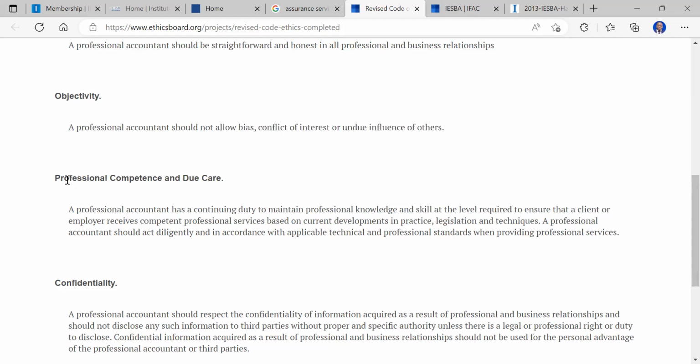Then we have the professional competence and due care, which says that as accountants, we should maintain professional knowledge and skill at a required level to ensure that we provide competent professional services based on the current developments in practice, legislation, and techniques.